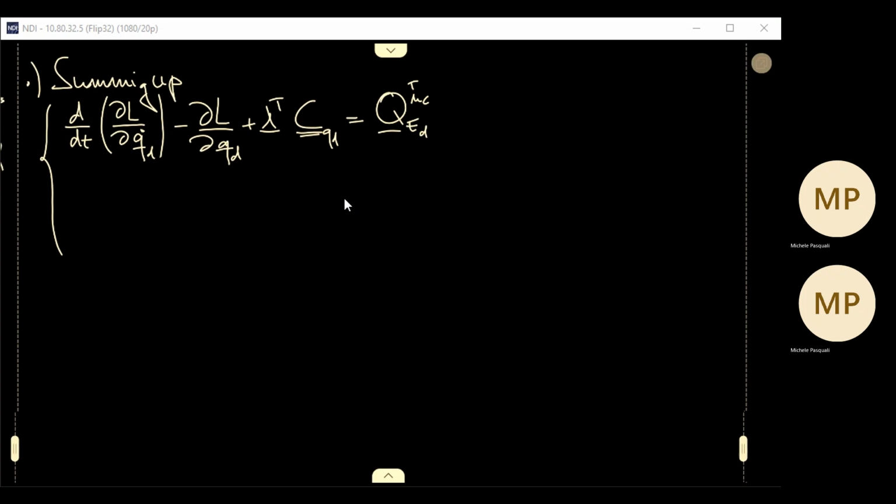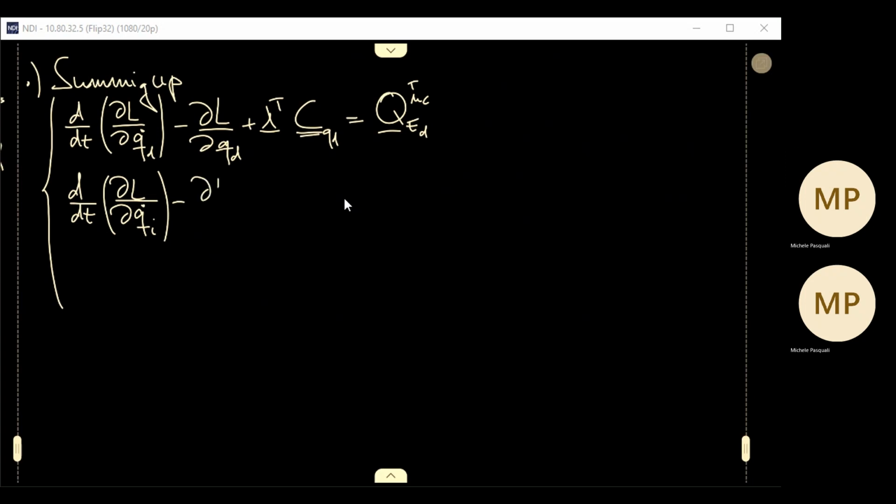And this is because of, by definition of the lambdas. We defined the lambda so that this is satisfied. Then we have, what else? We have what we have just derived, that's to say this. Okay, and this is what we get.